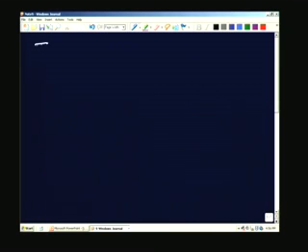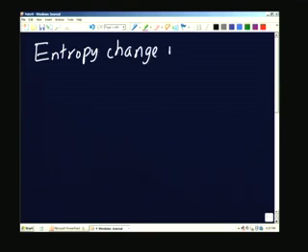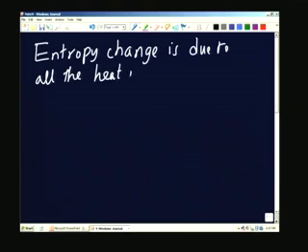Entropy change is due to all the heat interactions.